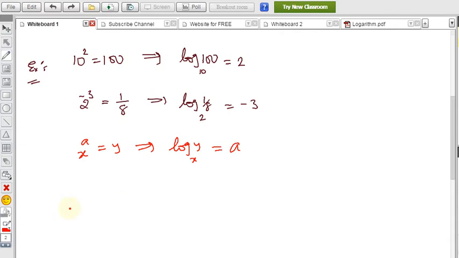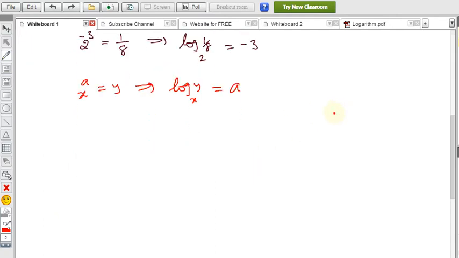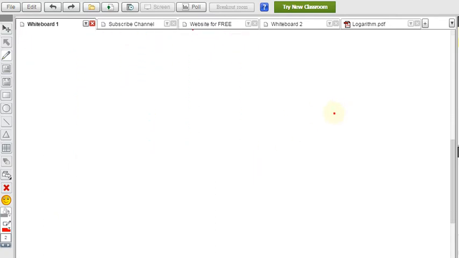Before doing the problems, let me explain all the properties of logarithms. Around 20 to 25 properties are there. These are all very important, especially from an examination point of view. First I'll explain all the properties, and then you can do the problems easily.